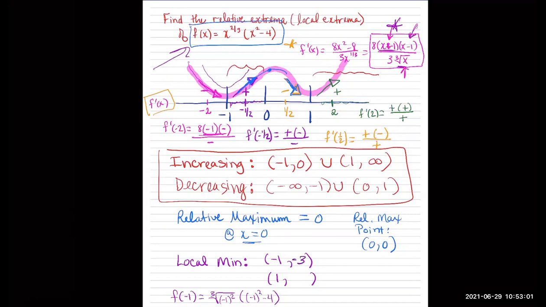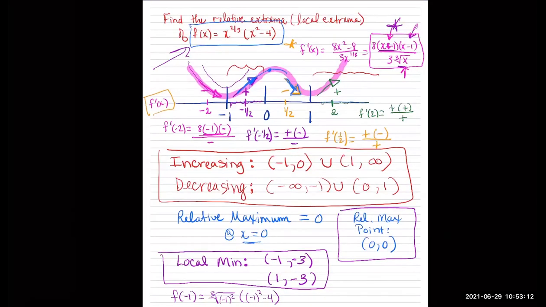And notice I'm going to get the same answer if I plug in +1 this time. So these are the local minimum points. This is the local maximum point. And again, when we used this sign chart to pick out the max or min, that's when we used the first derivative test.